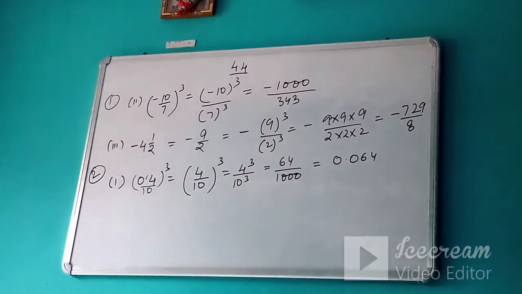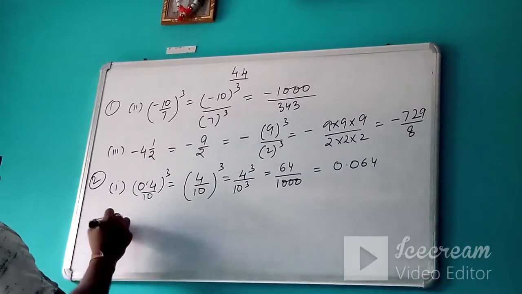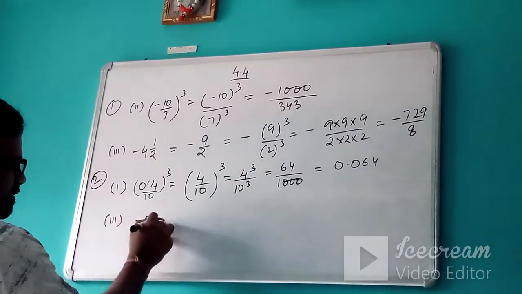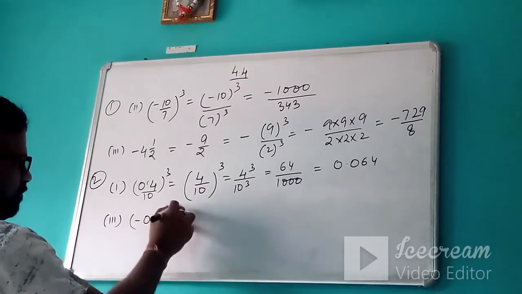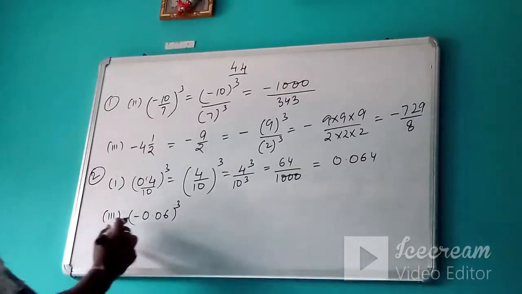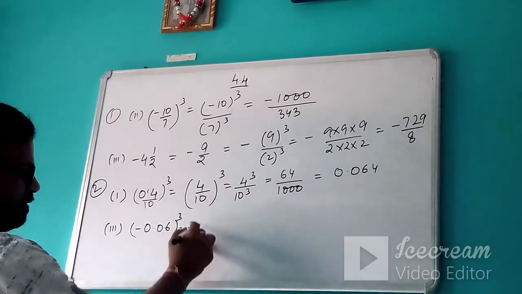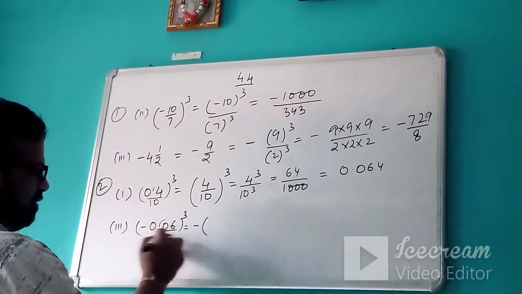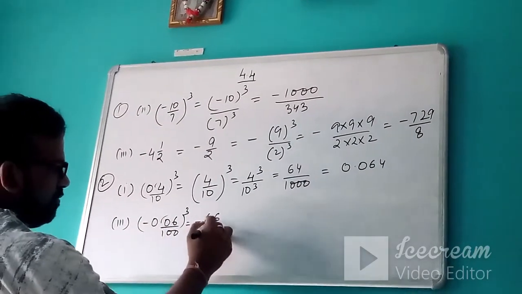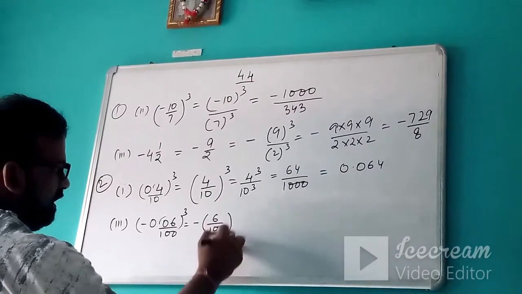Or if the number is negative, we keep the minus sign out, then remove the decimal, so it becomes 6 upon 100.